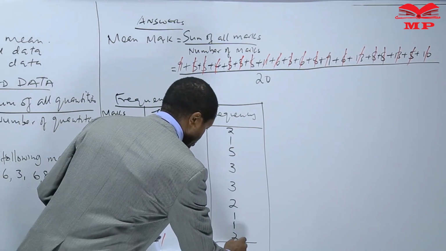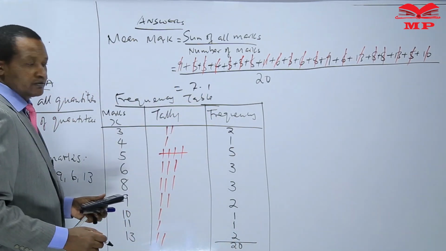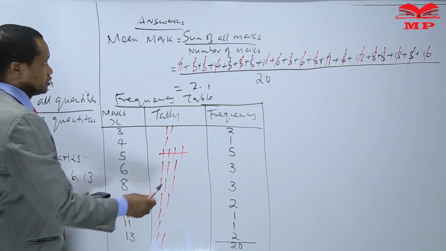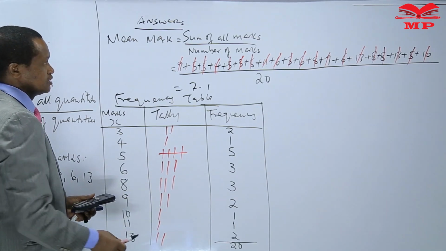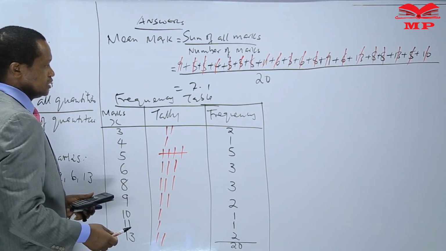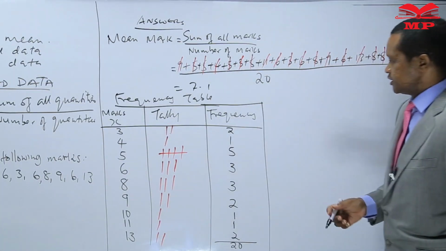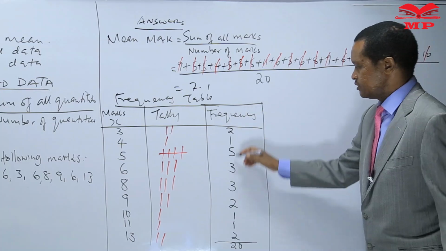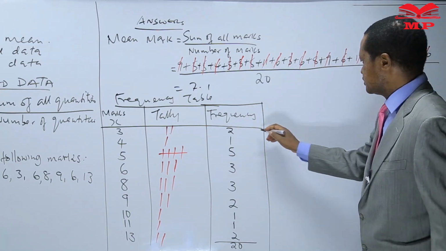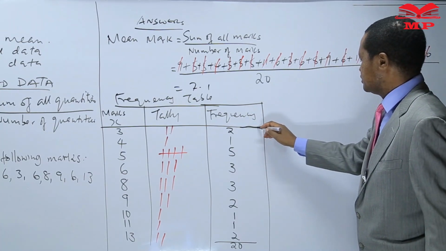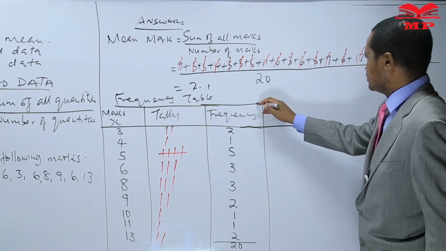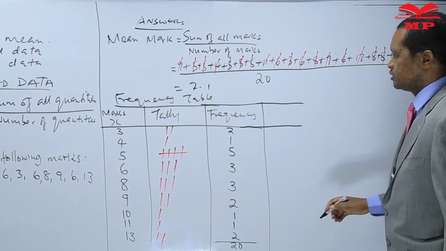This is the total frequency, the sum of all marks, 20. Learners, that is the first thing to do. We have determined the frequencies. Then we can extend our table from these frequencies.